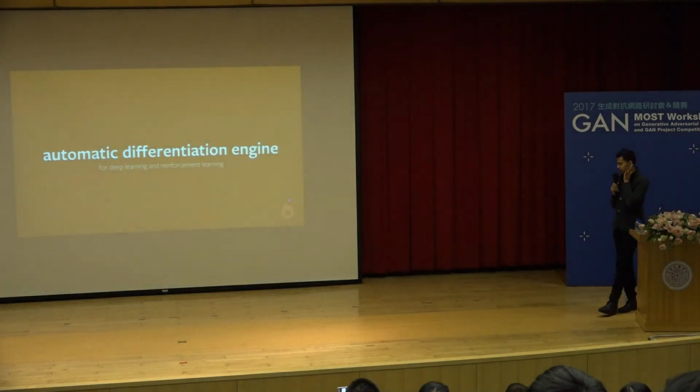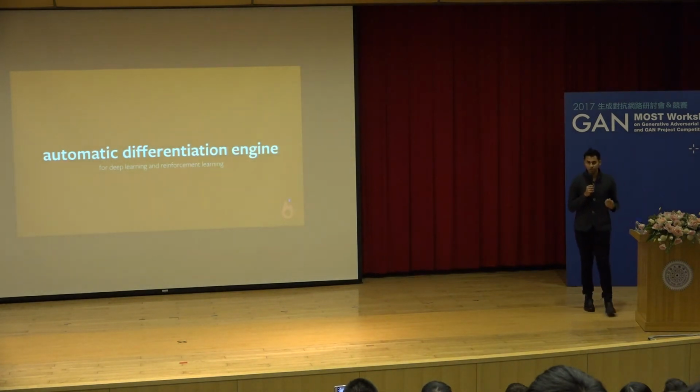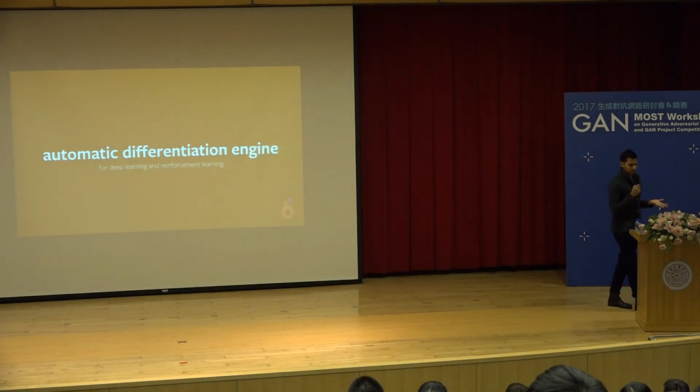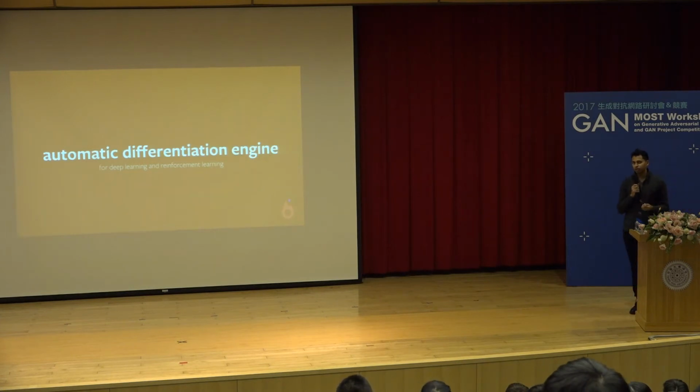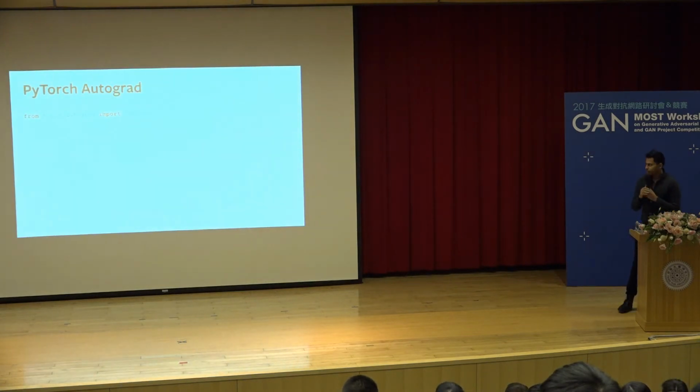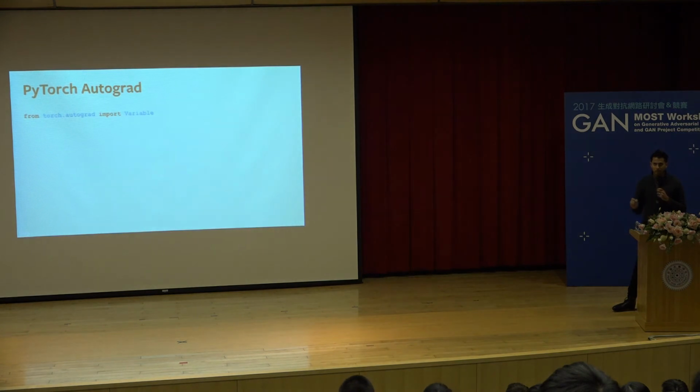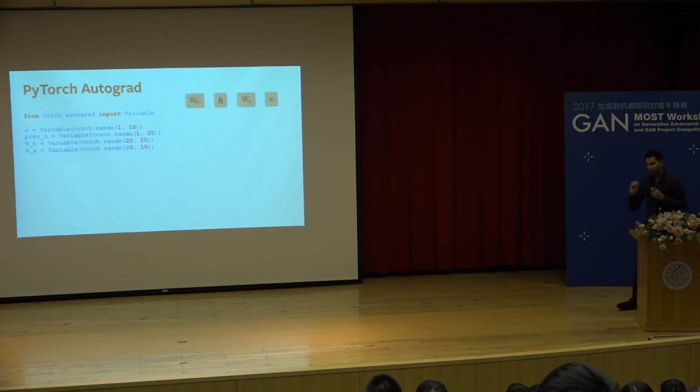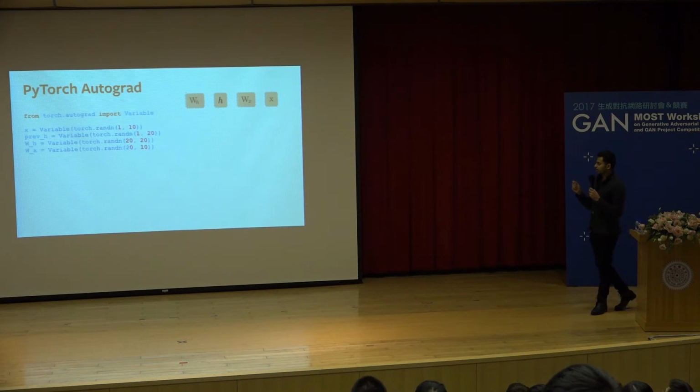Coming to the next part, we have an automatic differentiation engine, which is very useful if you're doing neural networks or reinforcement learning and so on. What we have centrally is one thing called a variable, which is just a small wrapper around a tensor.